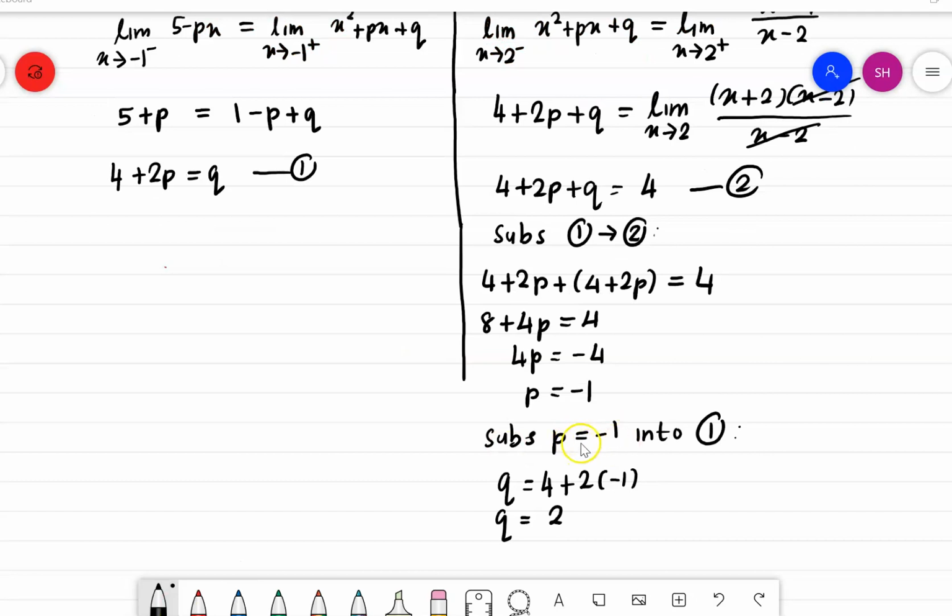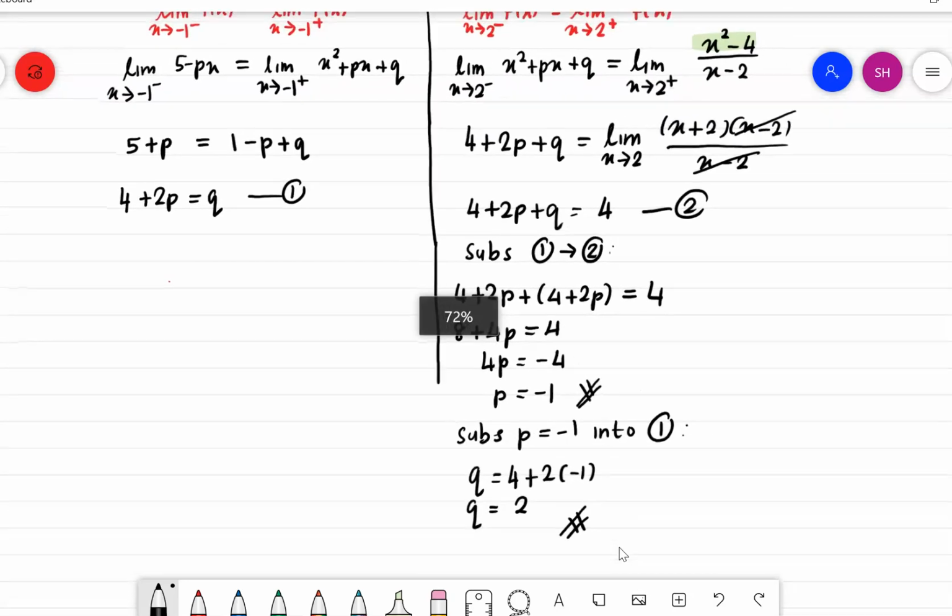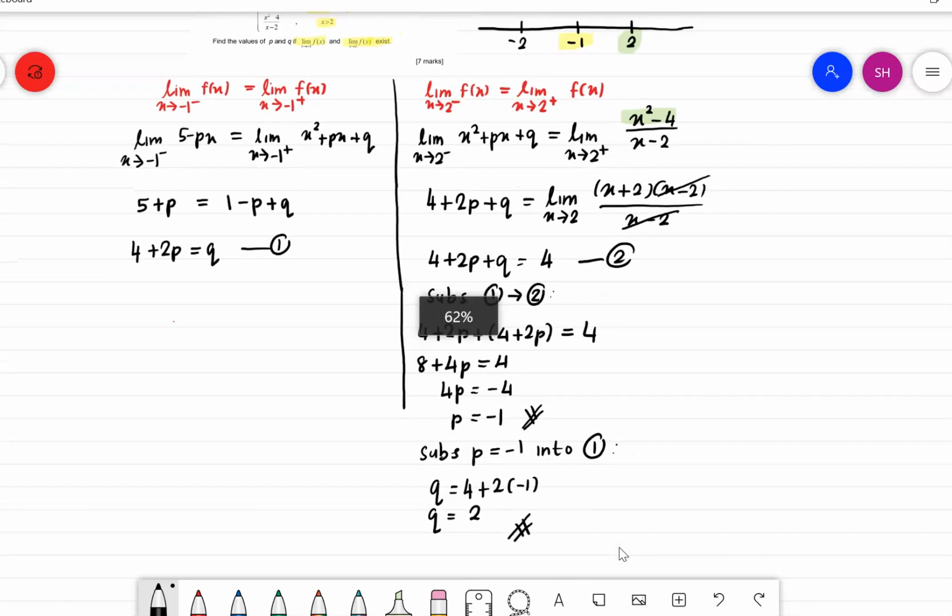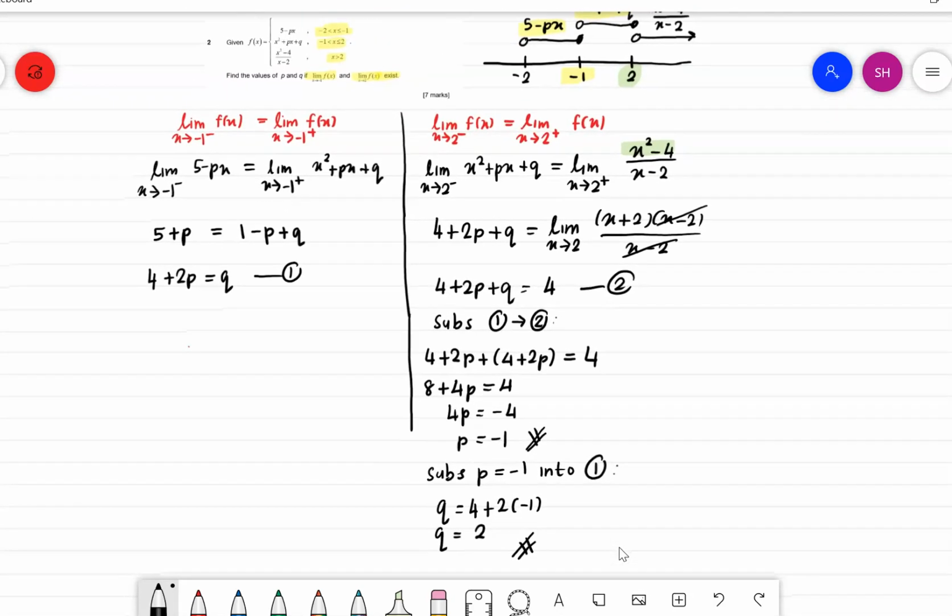Substitute p equal to negative 1 into equation 1, you will get q equal to 2. So the final answer is p equal to negative 1 and q equal to 2. Alright. So that's it for question number 2.